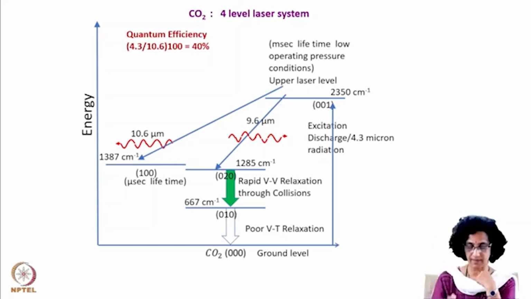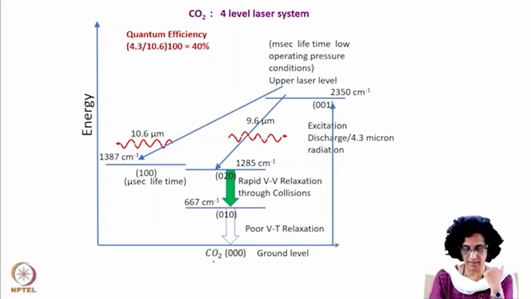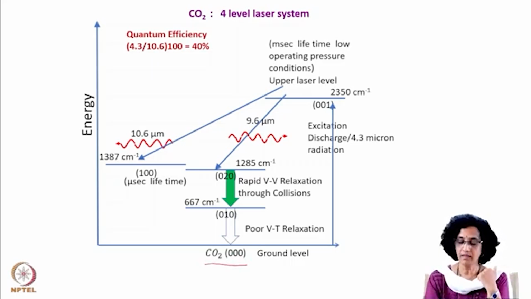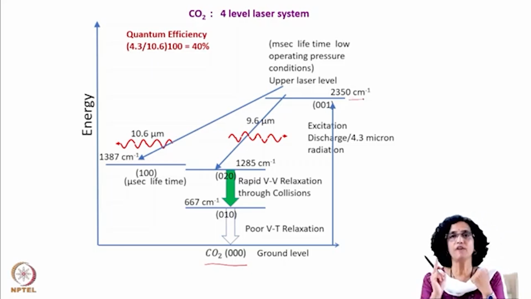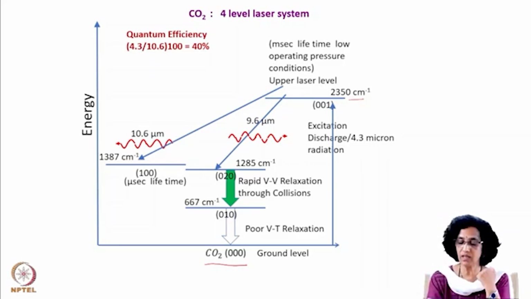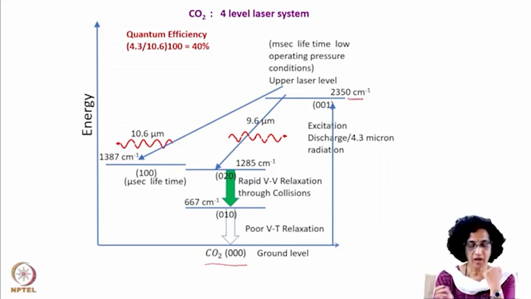How do we understand? So, this is the CO2 ground level where we are seeing it is 0, 0, 0, and this 0, 0, 1, that is one quantum of asymmetric stretch. So this acts as the upper laser level.